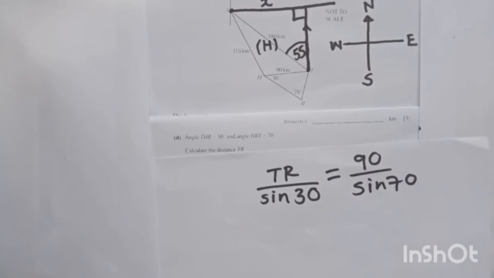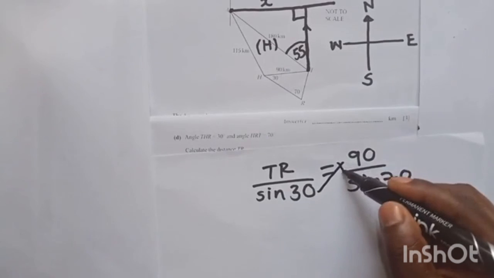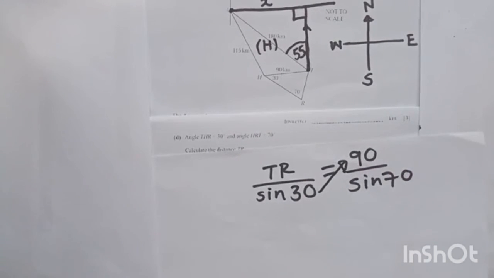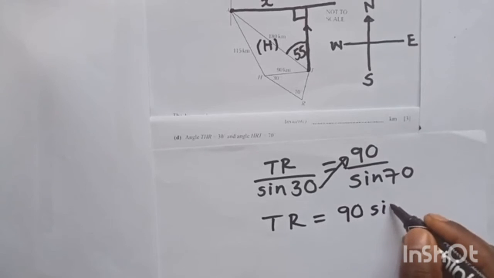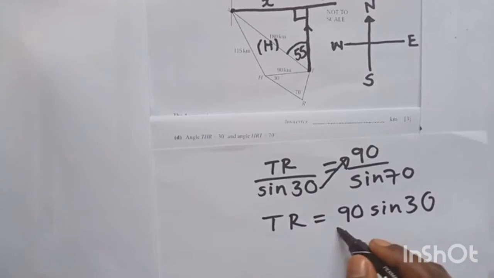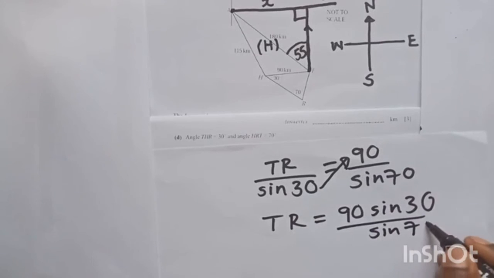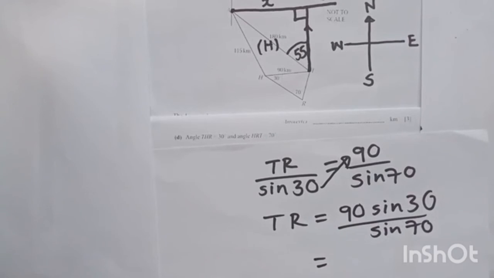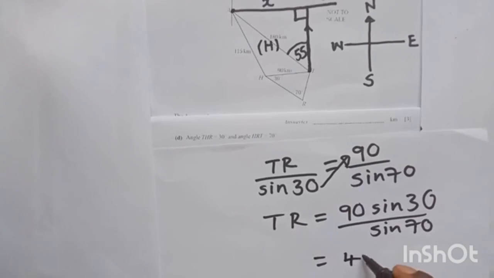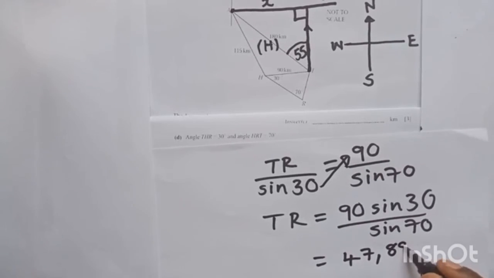To calculate TR, we cross multiply, so that sine 30 multiplies 90. So TR is equal to 90 sine 30 divided by sine 70. 90 sine 30 divided by sine 70 gives you 47.88.